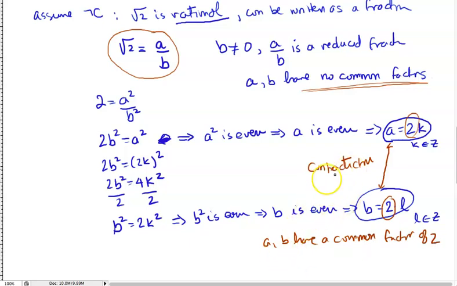And that's where the contradiction is. So that means my assumption that the conclusion was incorrect is not valid. It's not true. So that means the square root of 2 is an irrational number. All right, cool.